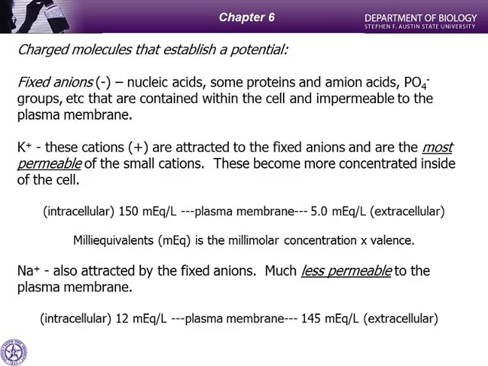These negatively charged molecules can't get out of the cell. And these fixed anions are principally why the inside of the cell is going to be more negative than the outside of the cell when the cell is at rest.